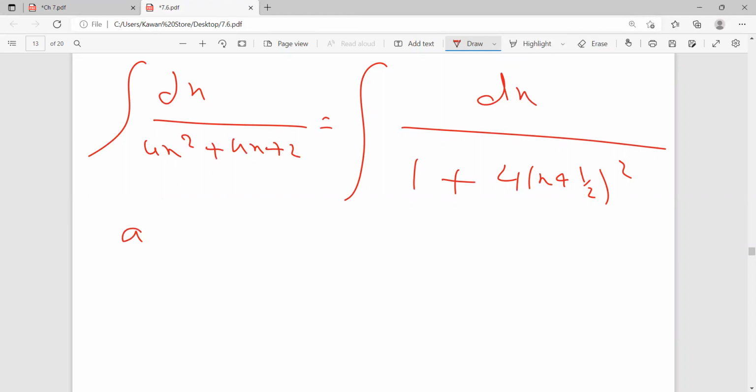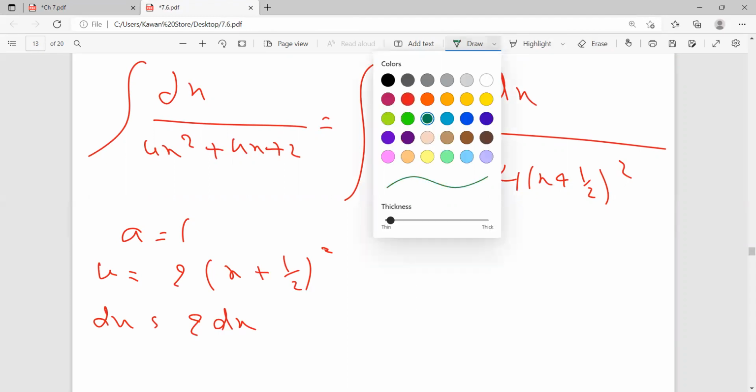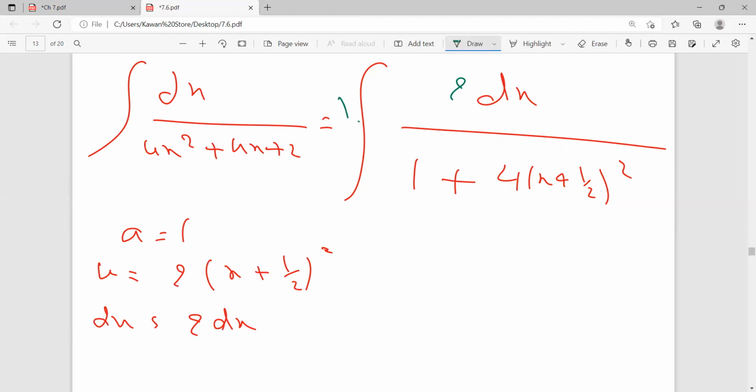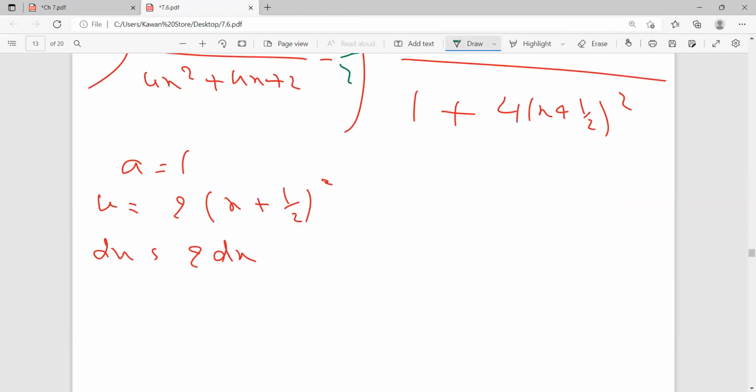So a is equal to what? u is equal to what? 2. So du is equal to what? Am I right? So I need to add 2 divided by 2. Now the tan formula is ready.